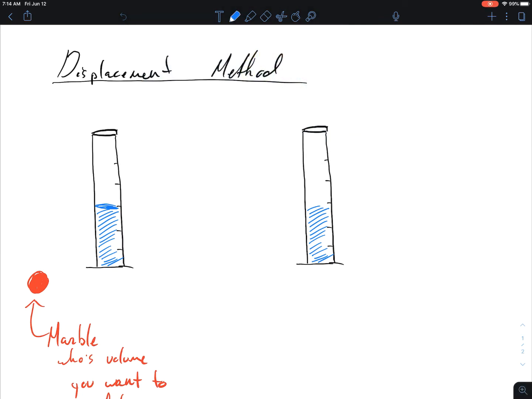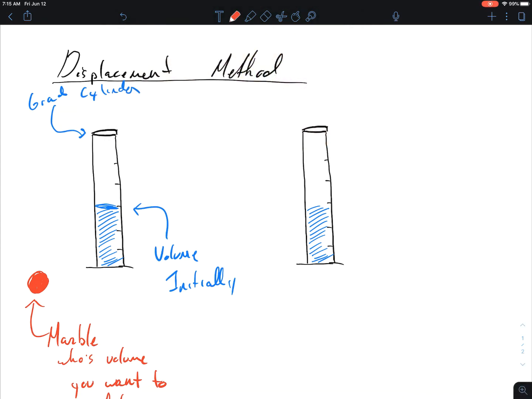Okay, so the way this works is you take a graduated cylinder. That's this thing, a grad cylinder, with some initial volume of water. Volume initially in the flask. It doesn't really matter how much you add. Usually like halfway up the grad cylinder is what you want to aim for.